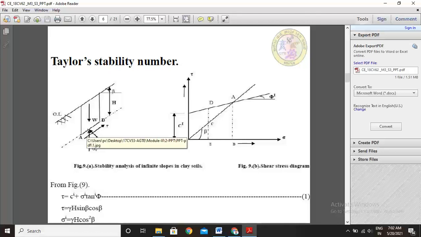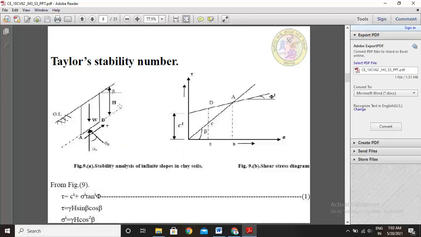If the slope is acting downward, shear stress acts upwards. Shear we have already defined as when two bodies are in contact and move in opposite directions.